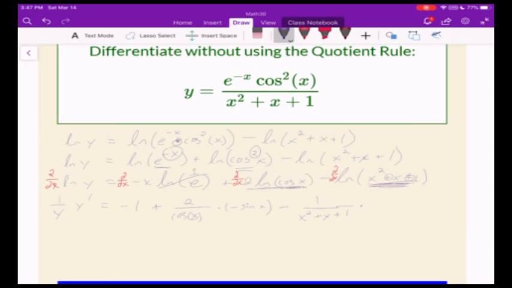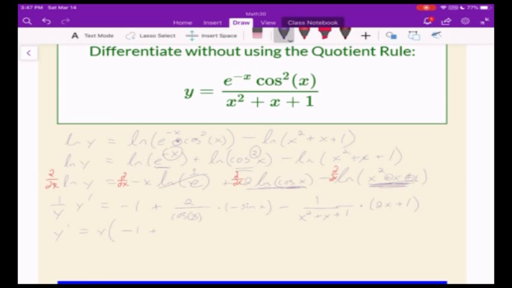Now I'm going to take the derivative of the last term, which is natural log, so I'm taking 1 over the argument inside there. But then chain rule it, so times 2x plus 1.